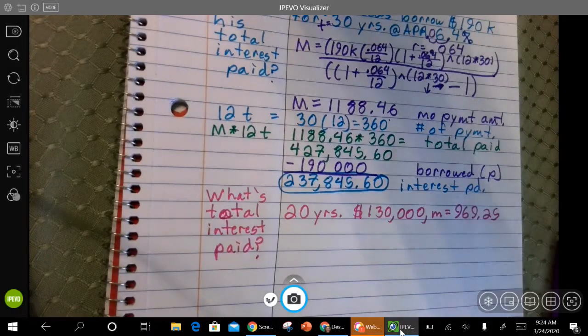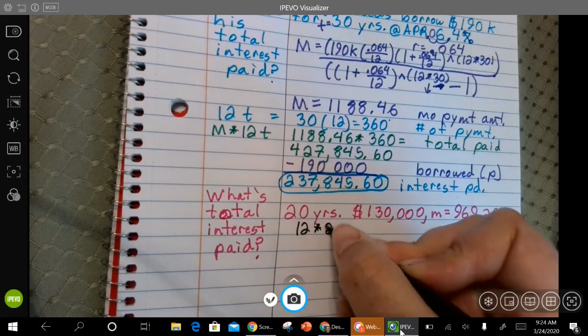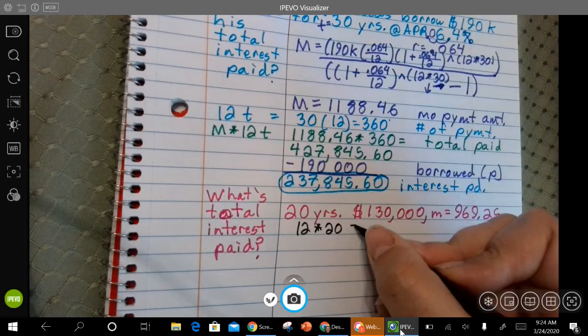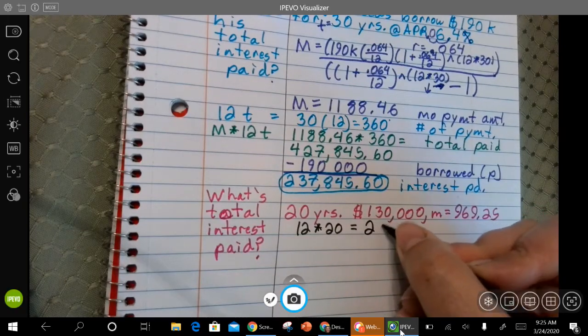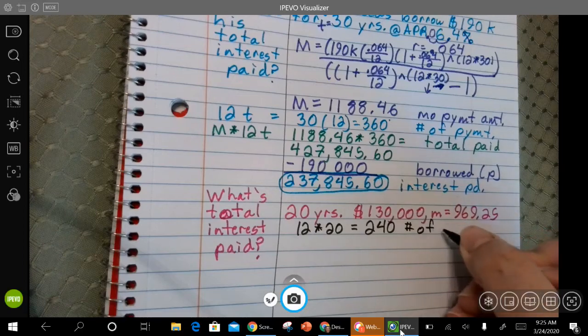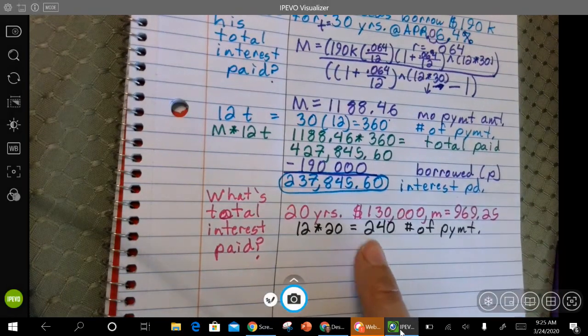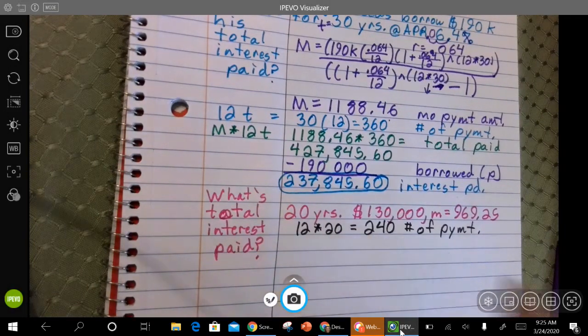Okay, so we're going to go ahead and multiply. So I'm going to multiply 12 times 20. That gives us 240. Okay, this is the number of payments. So for every month for 20 years, you make a payment. So that's 240 payments.